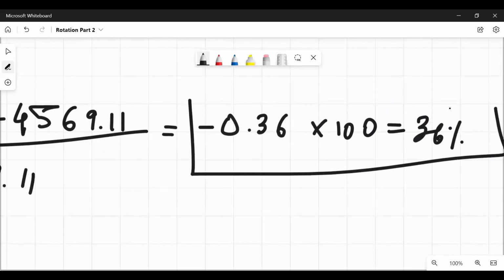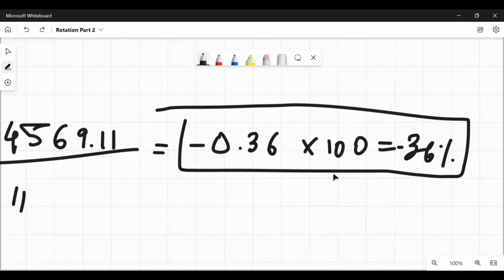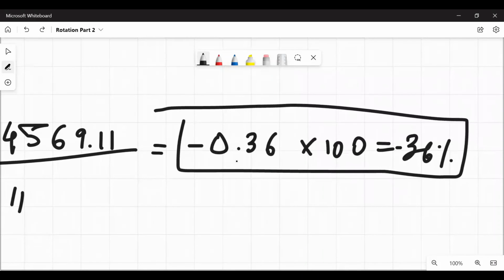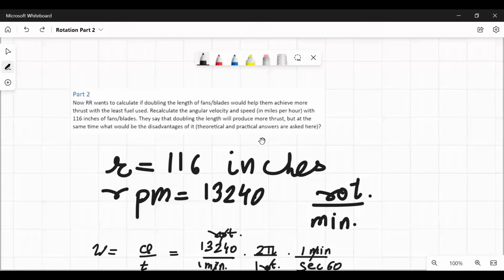So it has changed by a negative 36%. Alright, so since we have found out the change percentage right here, that's what we wanted to find out, which is minus 36%. Now we have to answer the last question.